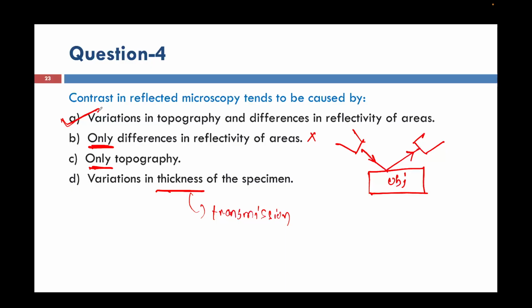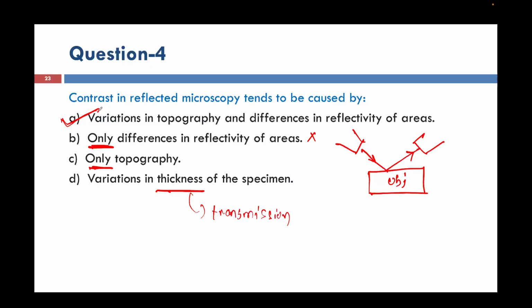In that case, even with only topographical features in an object, if from some places light is not reflected, you will not be able to get the contrast. So in the application where color etching happens, you are implying a particular application.